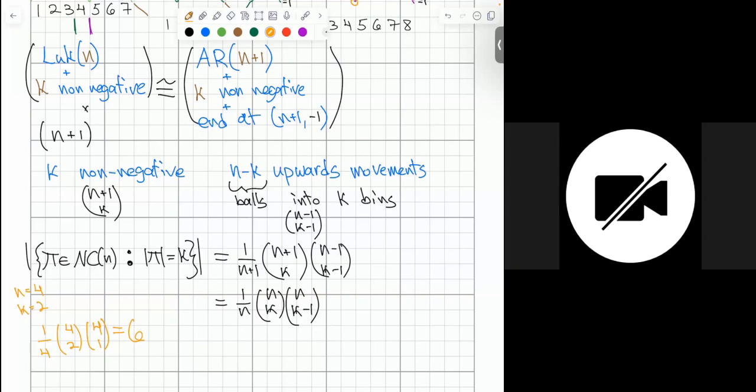And as we like naming things in combinatorics like the Catalan numbers and the Bell numbers and the Fuss-Catalan numbers and others, these are called the Narayana numbers. And this concludes the calculation of the number of non-crossing partitions with exactly k parts.